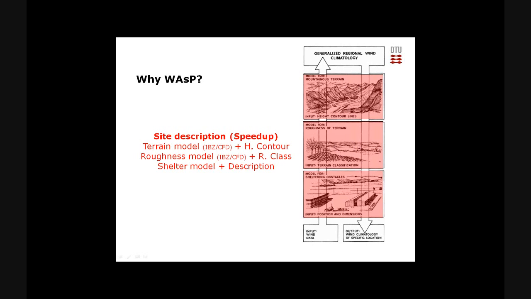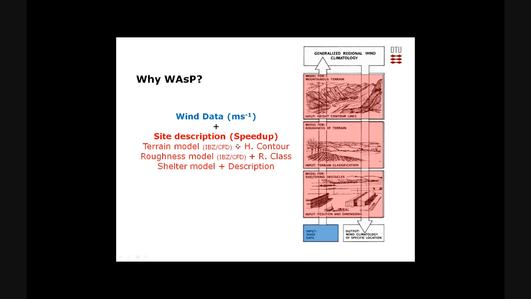But you cannot just have a flow model like this on its own, because like we saw on the previous slide, your flow model will only give you speed-ups basically. In order to calculate wind resources, you need some kind of wind measurement.